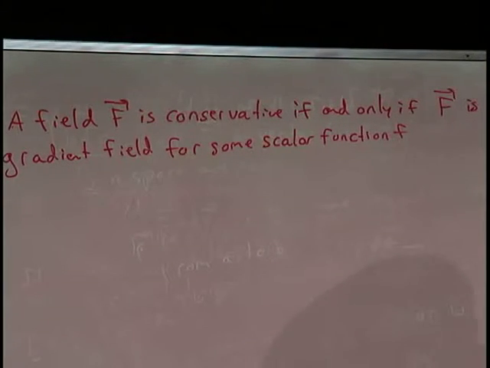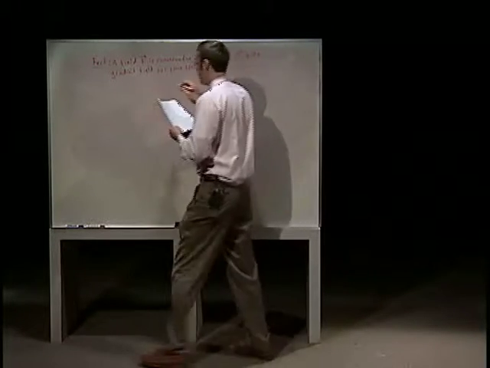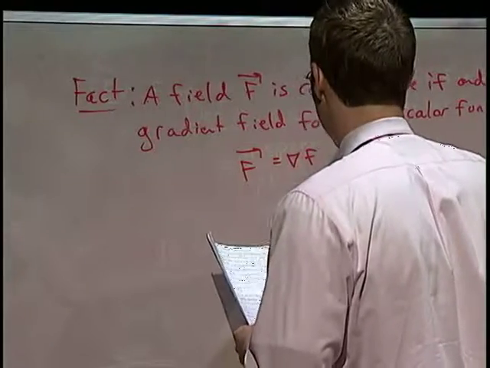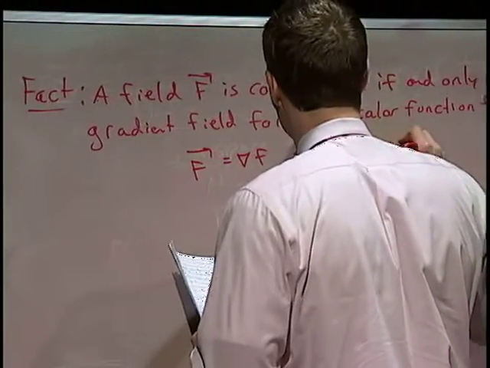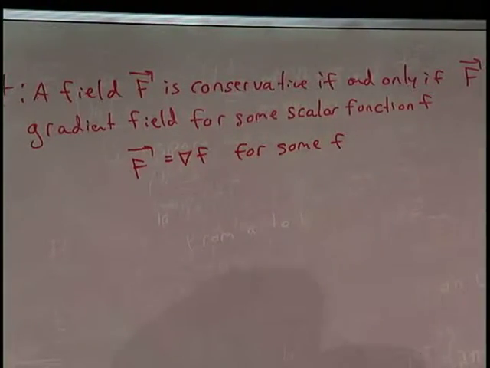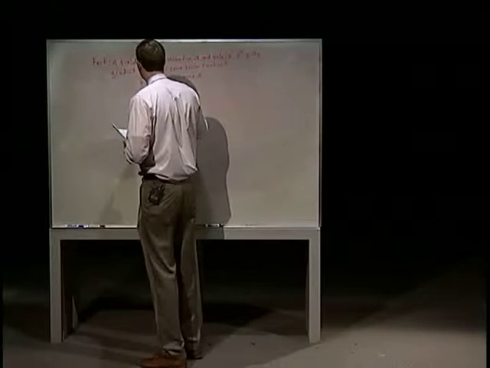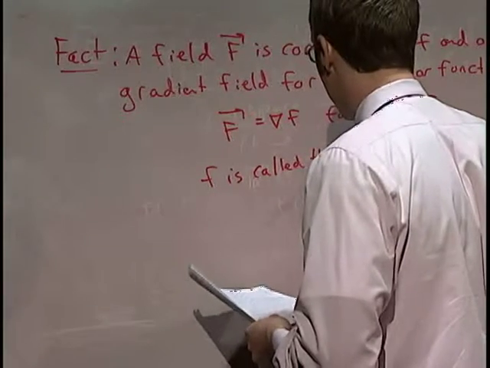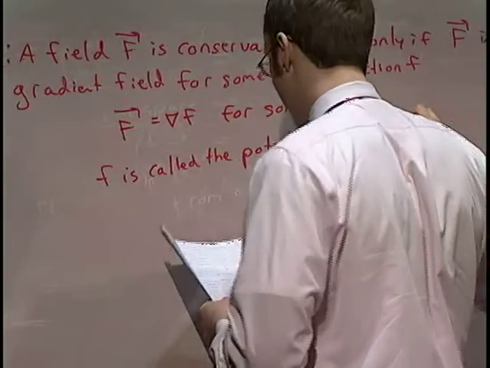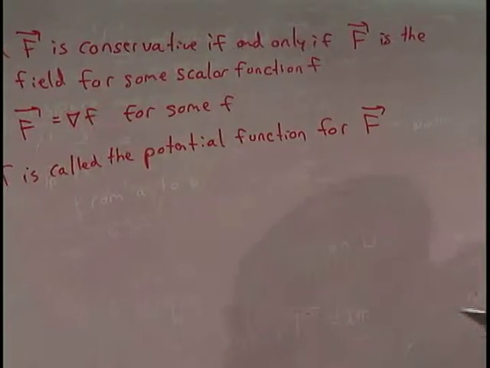So fields are conservative if and only if they are the gradient field for some function f, okay? So that is to say, F equals grad f, or del f, for some scalar function f, right? So if this is true, then capital F is conservative, okay? And if this is the case, little f is called the potential function for capital F.